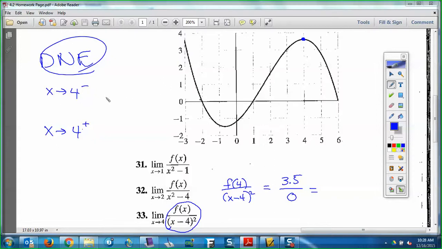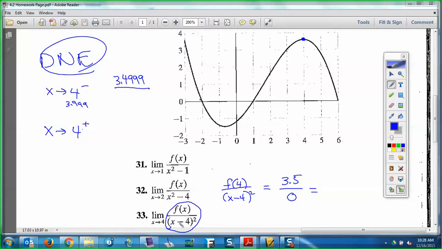Okay, so what's to the left of 4? That'd be like 3.999, right? So what would we get if we go just to the left of 4? Well, we get about 3.5, right? 3.49999, whatever. Not quite 3.5, right? What do we get on the bottom if we put in a 3.999?